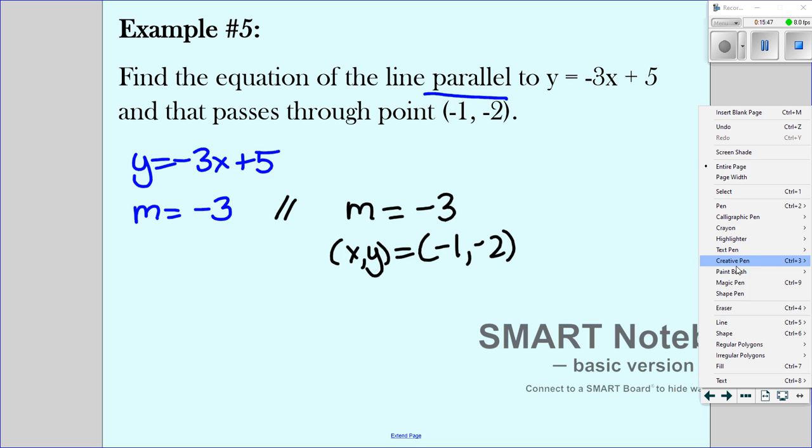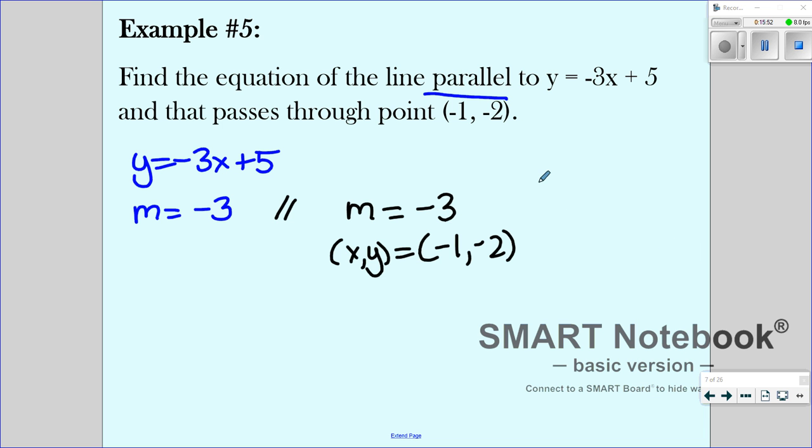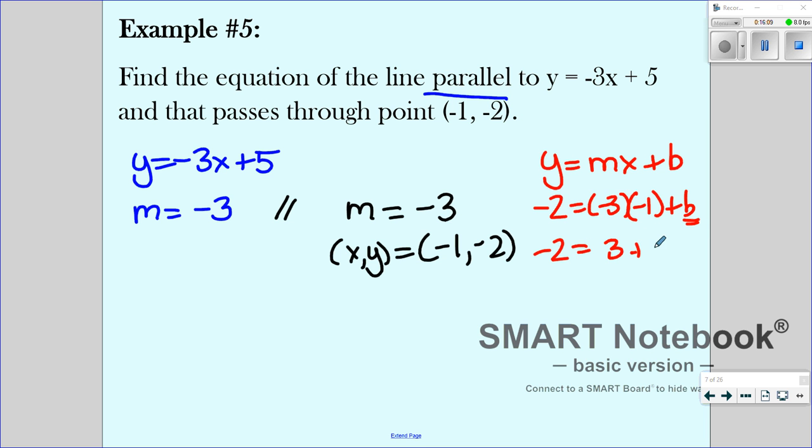And then we're going to find b, because we need an m, which is our slope, and a b, the y-intercept, to create the equation of a line. So now we have our y, which is -2, our m is -3, our x is -1, and then we're finding b. So it'll be -2 equals 3 plus b, and then our b is equal to -5, because we subtracted 3 on both sides.